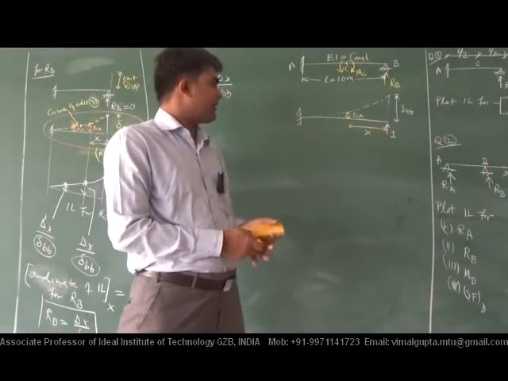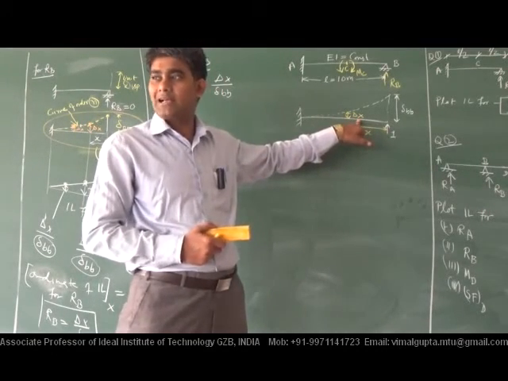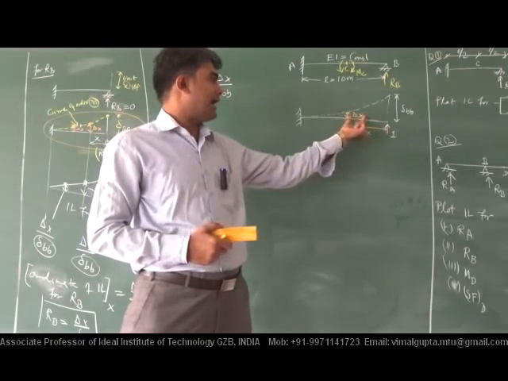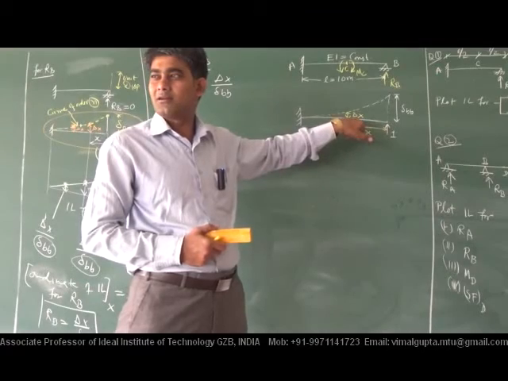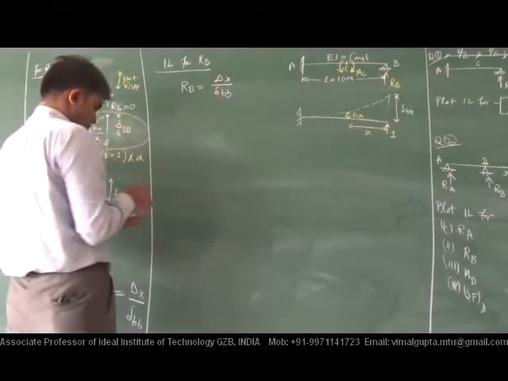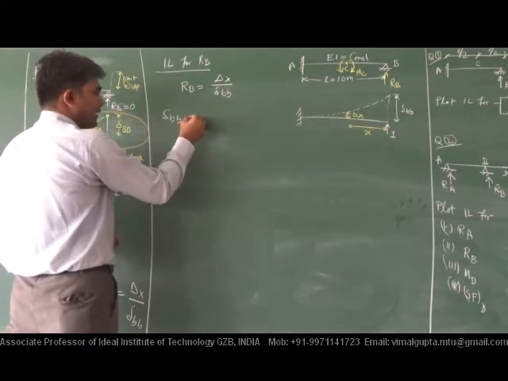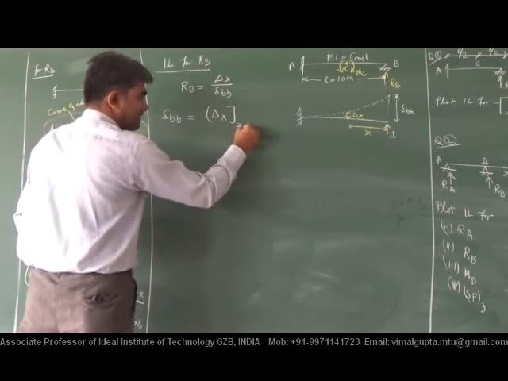How we can calculate that del x? If we have calculated delta x, what is the relation between these two? Del BB equals, if I am writing this, del x at x equals to 0.